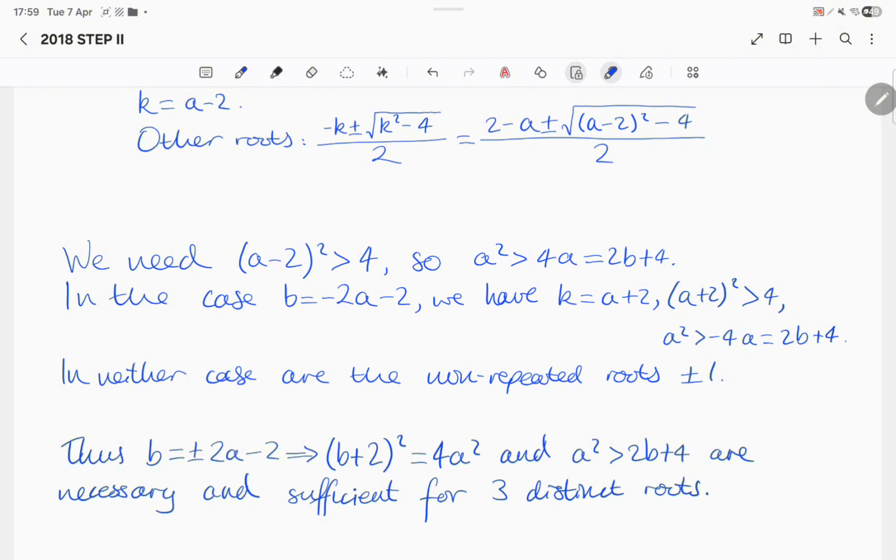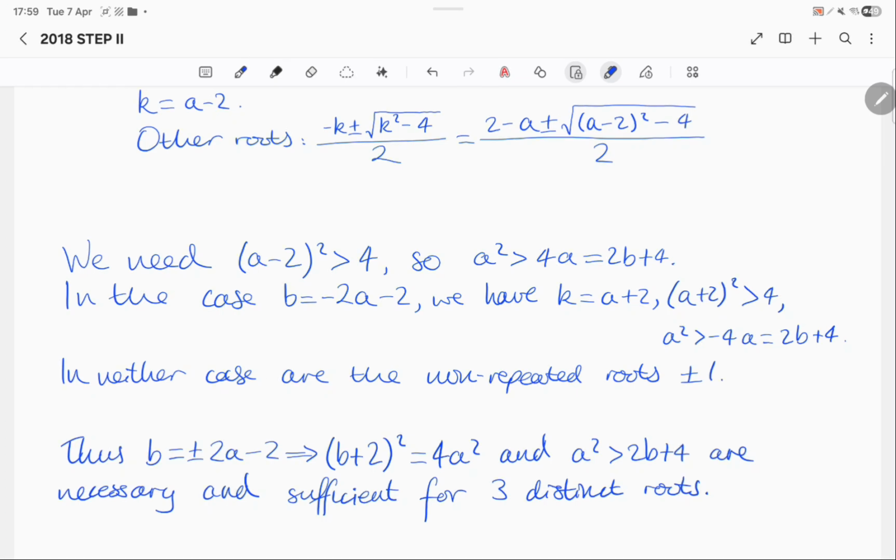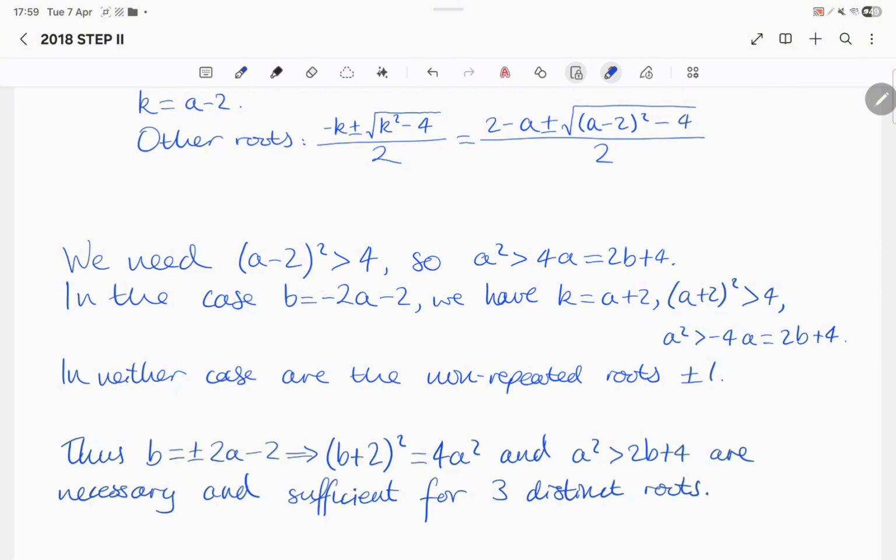Firstly, from the expression for our other roots above, we need that (a - 2)^2 is greater than 4. And we can rearrange this to give a^2 is greater than 4a, which is equal to 2b + 4. In the case that b = -2a - 2, we have a similar case where a^2 is greater than -4a, and this is still equal to 2b + 4.